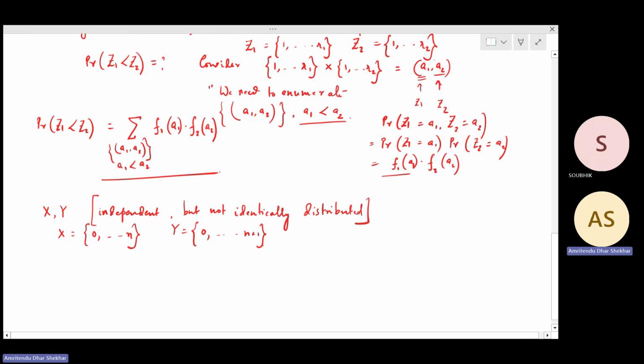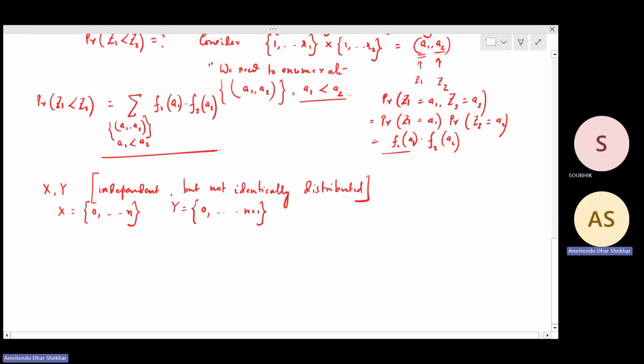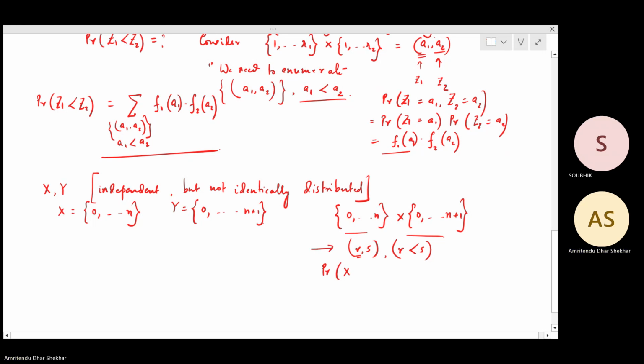So we need to consider the set 0 to n cross 0 to n plus 1, and look at all tuples r comma s, where r means Alice has r heads and s means Bob has s heads.